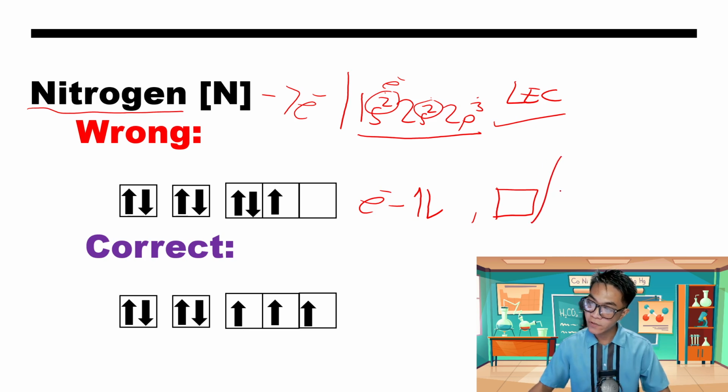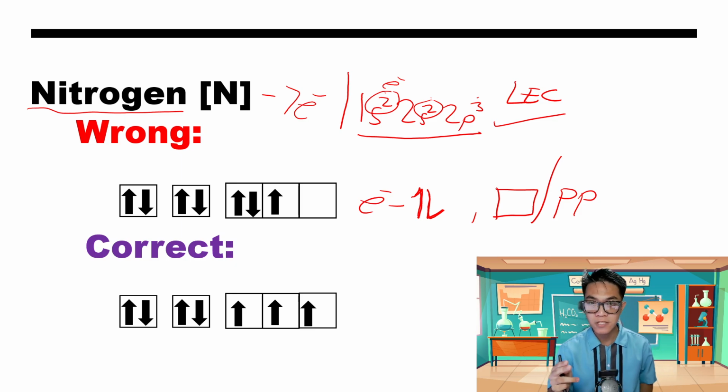This is just a review since I've already discussed this in a different video. Pauli's exclusion principle states that no two electrons in the same orbital can have the same spin. So one is a half arrow up and the other is a half arrow down. They are in opposite spins if they are in the same box, because that is an orbital.